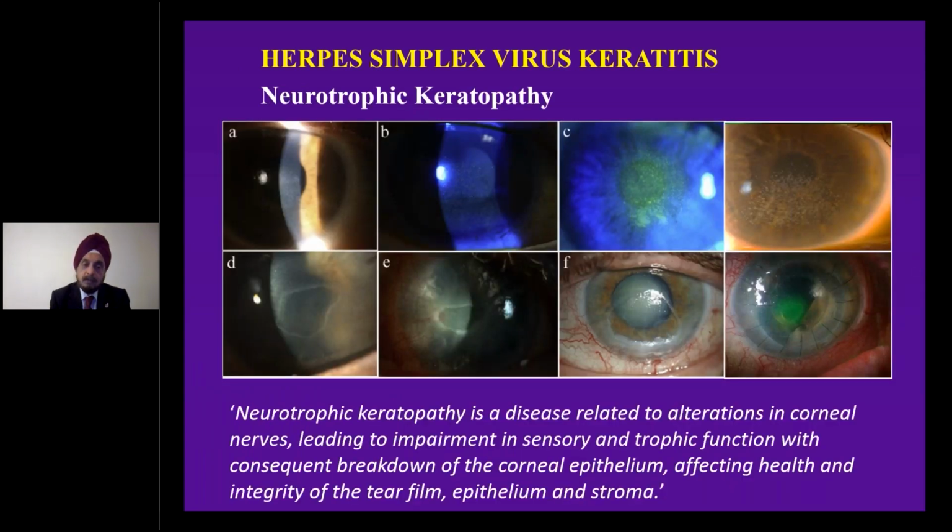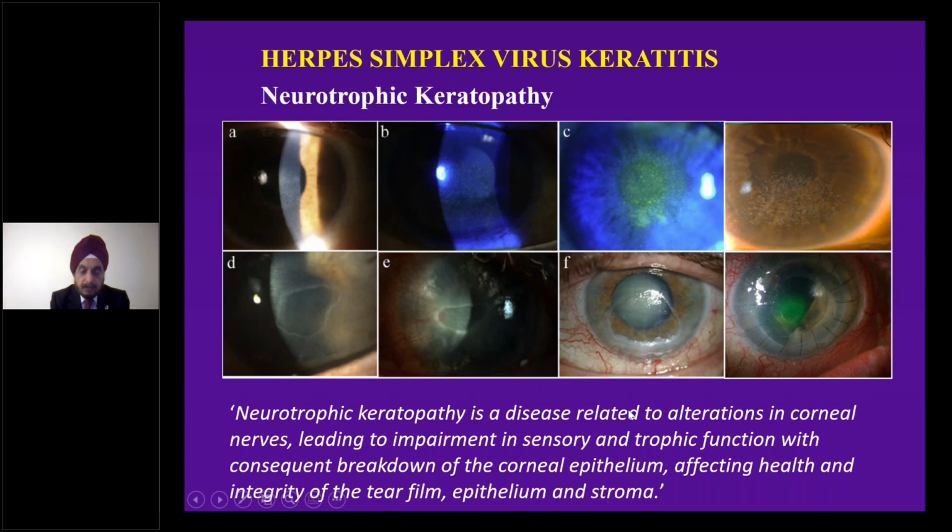And then you have the neurotrophic keratopathy, which means that the nerves are badly affected, the sensations are poor, and you can get epitheliopathy like this. You see all these different individuals, or you can get epithelial defects. So this is stage 1, epitheliopathy with no defect, and stage 2 when there is a frank defect.